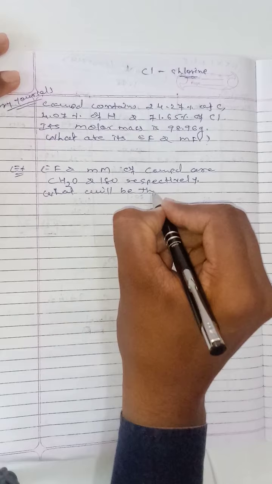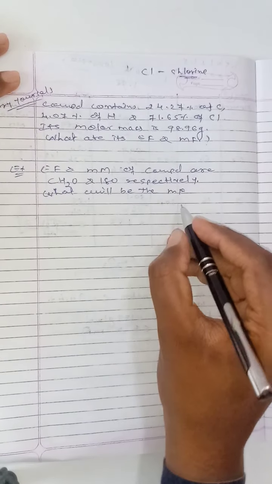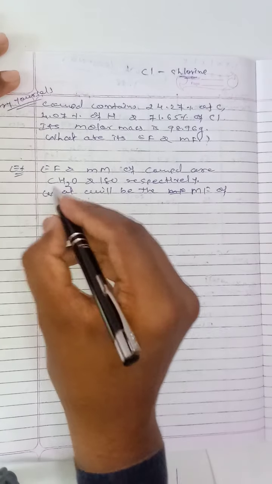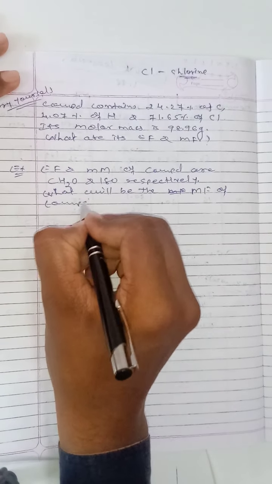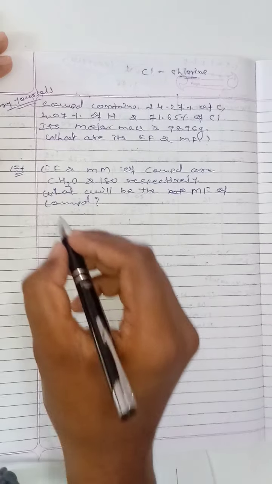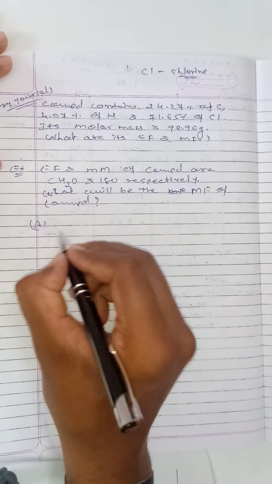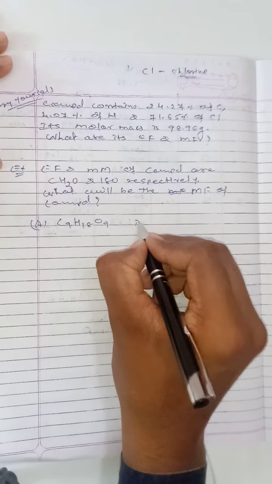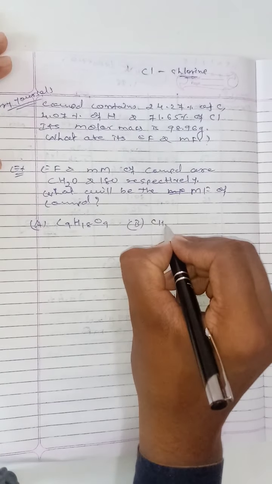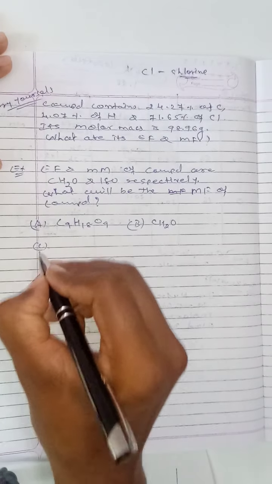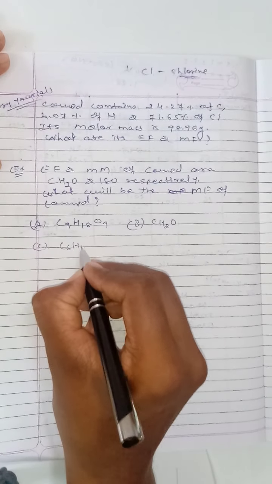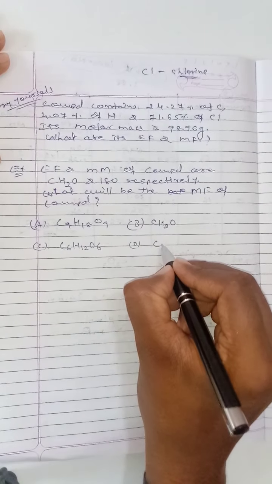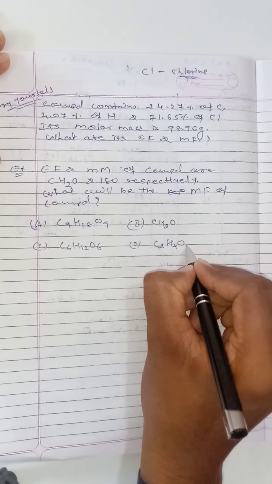What will be the molecular formula of the compound? Options are A C9H18O9, B CH2O, C C6H12O6, and D C2H4O2.